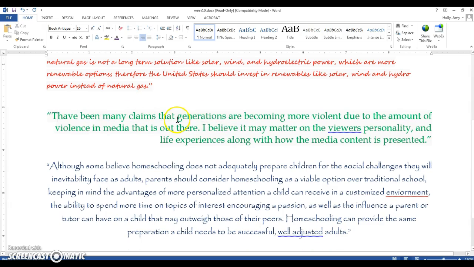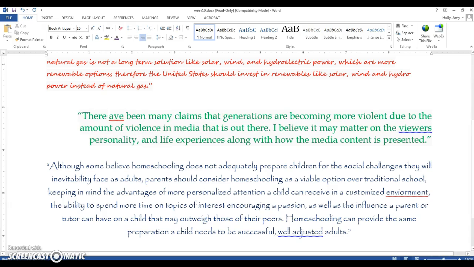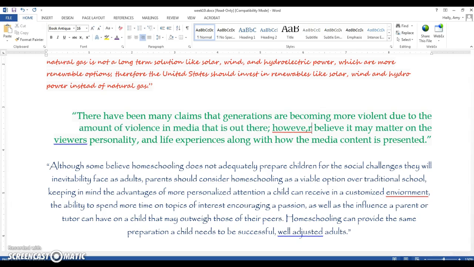So there have been many claims, and then here you would need a reversal transition to actually show that this is not what I believe, but rather I'm going to disagree with that and present my thesis in the next statement to come. So something here like, however, I believe. So again, it may seem like those are little words that don't make a big difference within the overall sentence, but in actuality, it's going to help your reader understand the relationships between all of your different ideas.